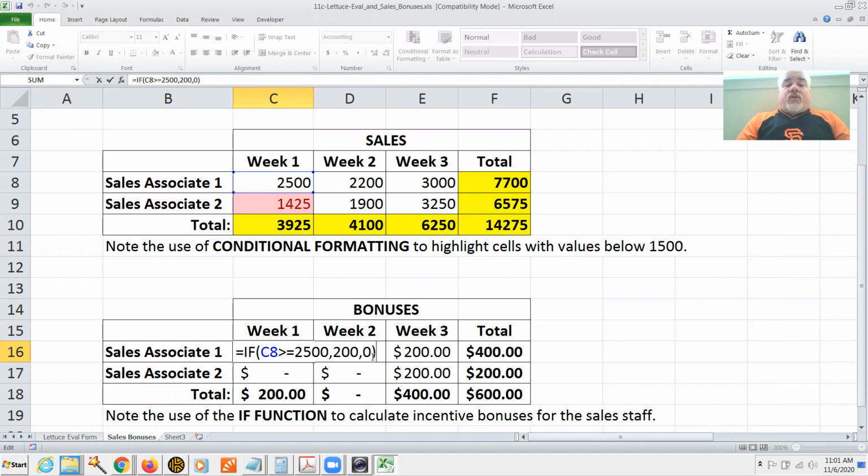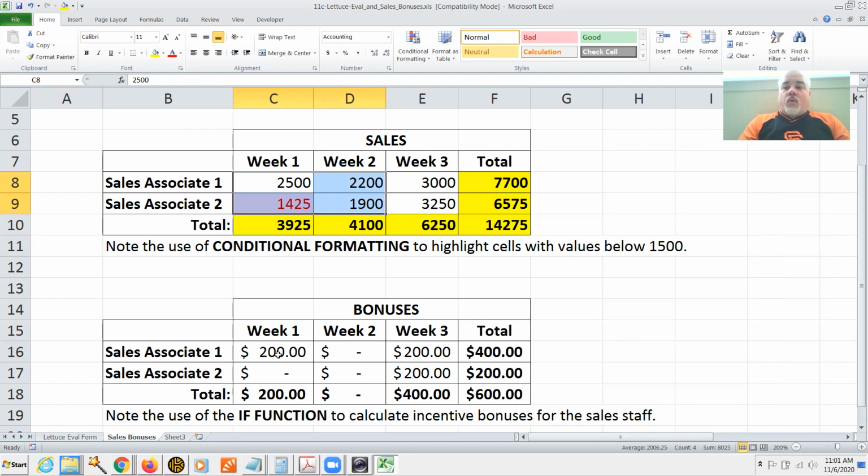If it's not greater than or equal to 2,500, return a value of 0. Bingo. Where was there greater than or equal to 2,500 in the first 2 weeks? There was only one time.